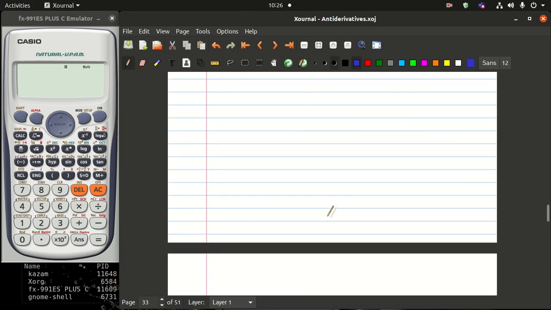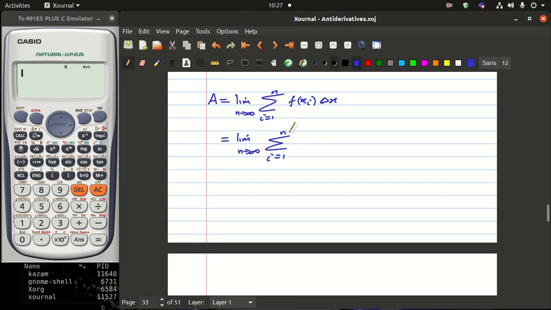So what is important here is this. I want you to realize that the area can be found by the limit as n approaches infinity of the sum of f of x_i times delta x, where i moves from 1 up to n, or you can find it with the limit as n approaches infinity of the sum from i equals 1 to n of f of x_{i-1} times delta x.